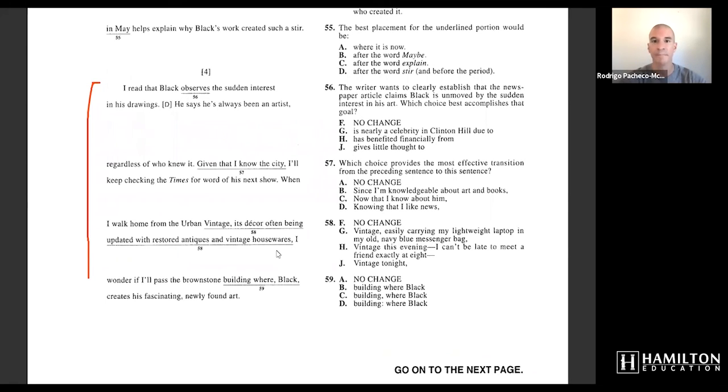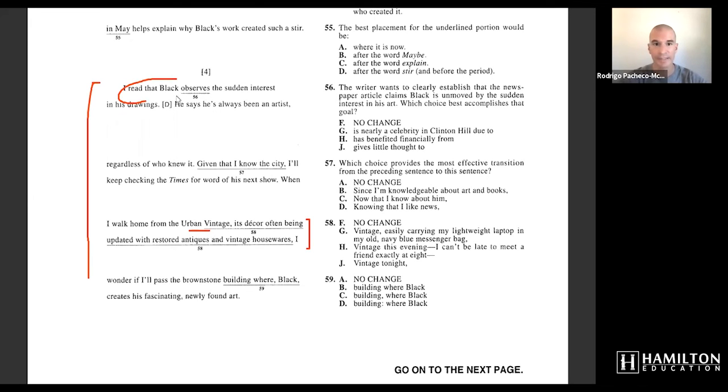So there's nothing grammatically incorrect about the non-essential elements here. There's nothing redundant about it. But in the context of the passage, this is too much detail. It puts the focus on the Urban Vintage.